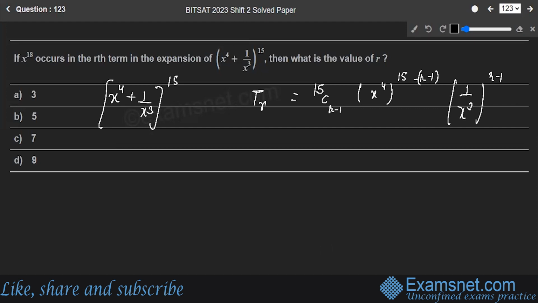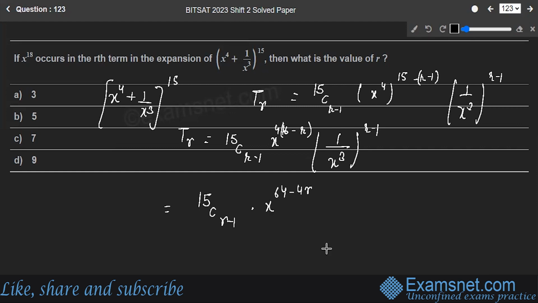Okay, so that means the TR is given by 15C(R minus 1) times x to the power (16 minus R), times 1 upon x to the power (R minus 1). This is equal to 15C(R minus 1) into x to the power (64 minus 4R minus 3R plus 3).